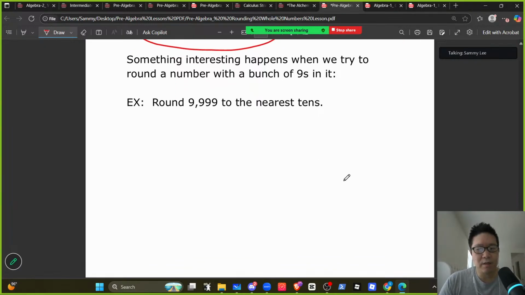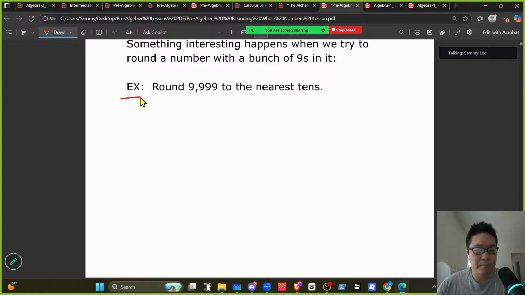All right, let's try this one. It says round 9,999 to the nearest tens place. 10,000. Okay, so what is the number in the tens place? 9. Yeah.